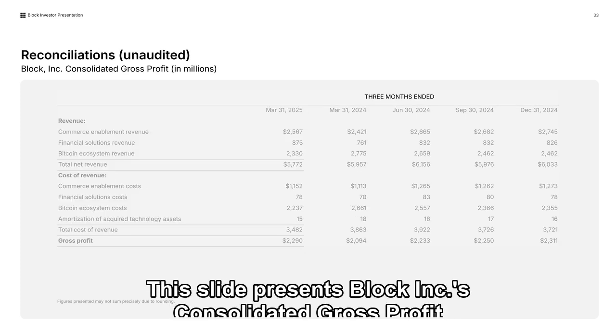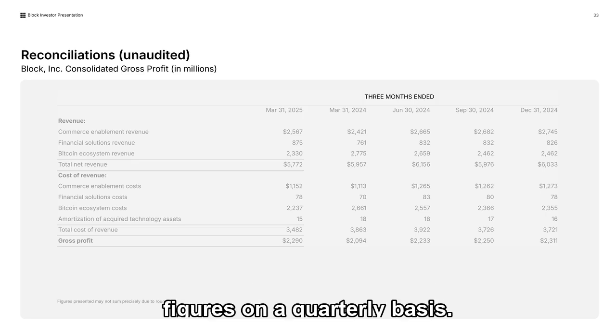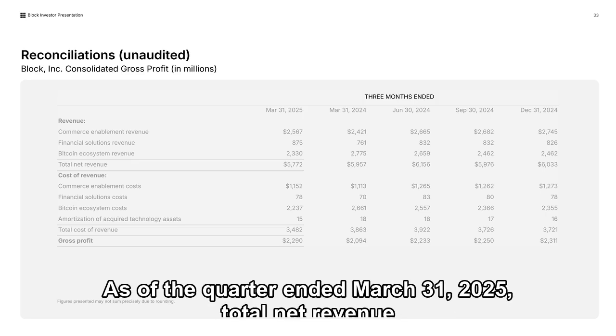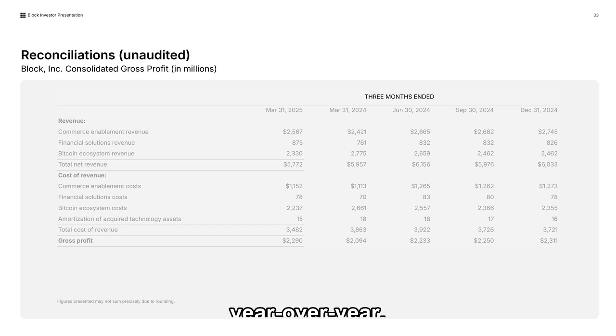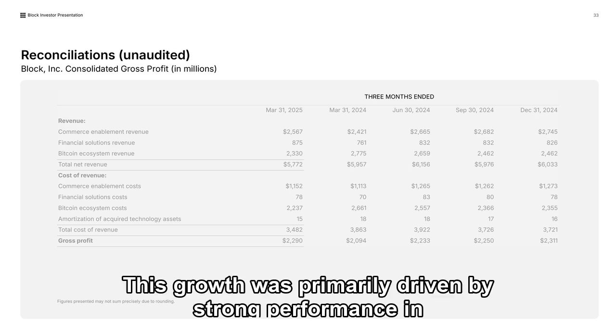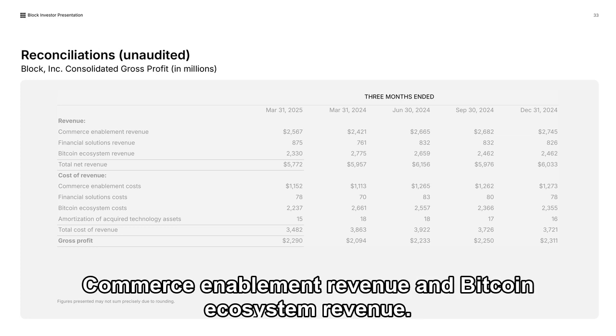This slide presents Block Incorporated's consolidated gross profit figures on a quarterly basis. As of the quarter ended March 31, 2025, total net revenue reached $5.772 billion, marking a 22.7% increase year-over-year. This growth was primarily driven by strong performance in commerce enablement revenue and Bitcoin ecosystem revenue.